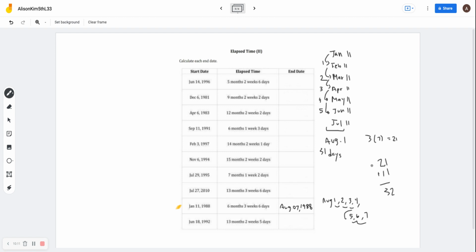Yes, it is. So when you're doing this specific worksheet, you need to know how many days are in each month, because once again, not every month has 31 days, and you need to keep track of that. But in this case, it's easier with the months, and the weeks and the days can be a little bit harder. As for the year, pretty much it will be common sense.